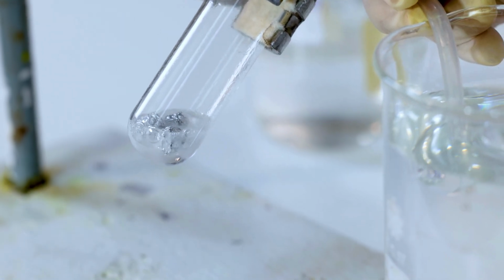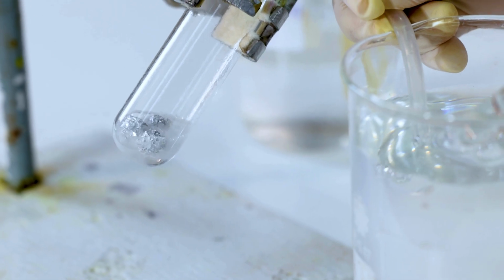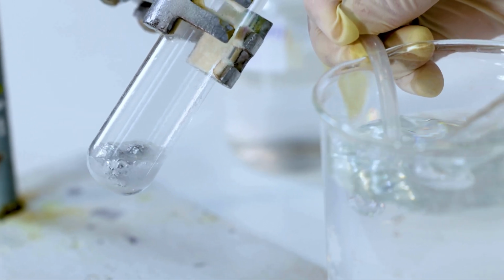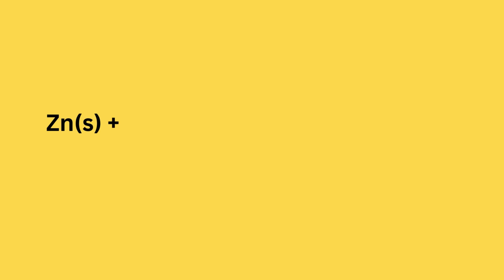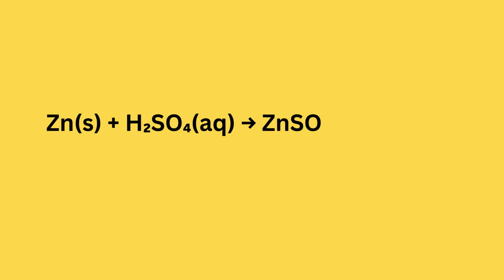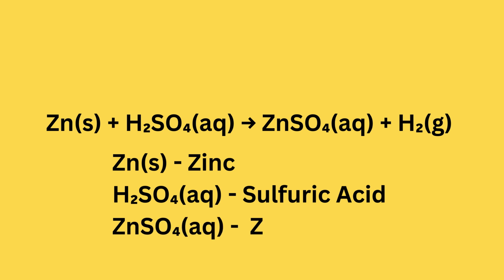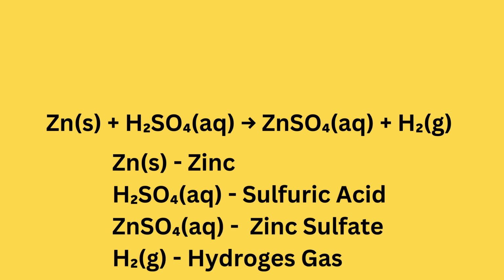The zinc metal will gradually dissolve and the solution of zinc sulfate will form. The reaction is exothermic, meaning it releases heat. You will notice the conical flask or test tube becomes warmer. As hydrogen gas and zinc sulfate formed during this reaction are new substances and their properties are different from the reactants, this reaction is also a chemical change.